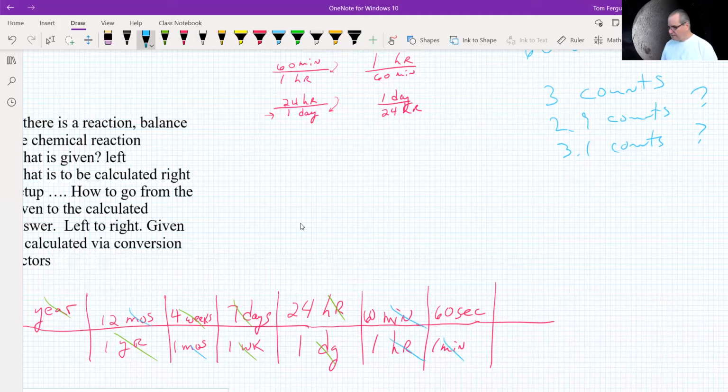I want you to notice with the setup here, all the units cancel except for what we're trying to calculate. If that's not the case, your setup is wrong, okay?